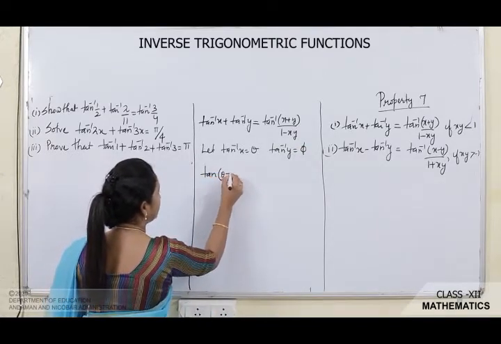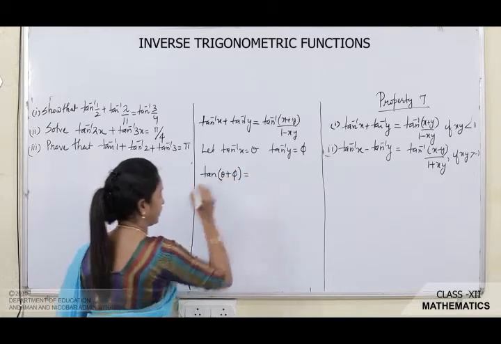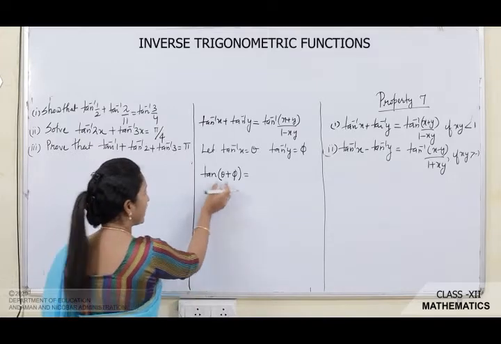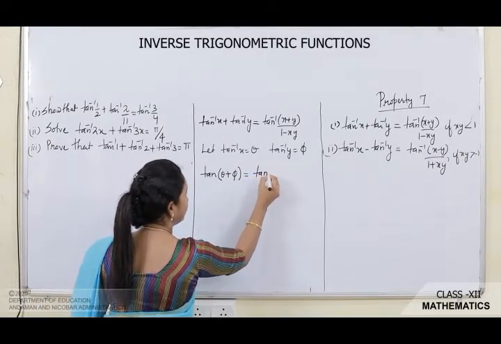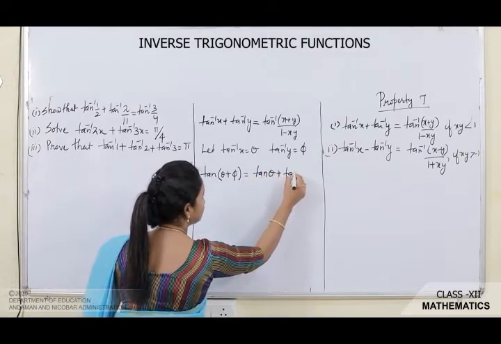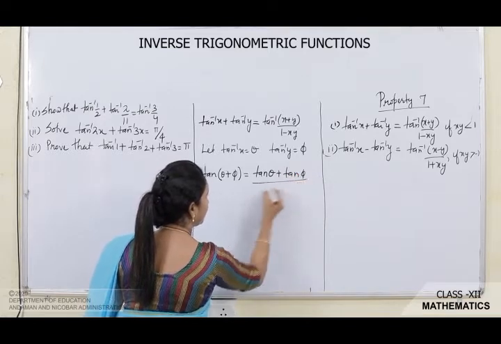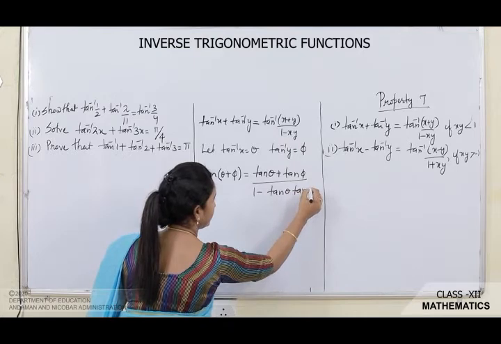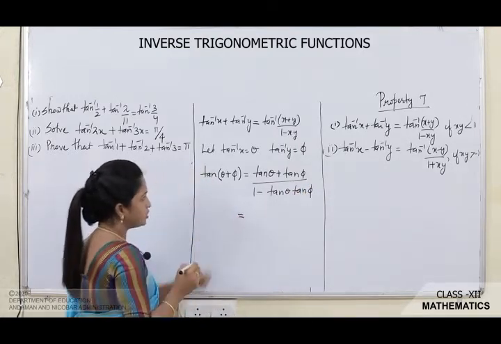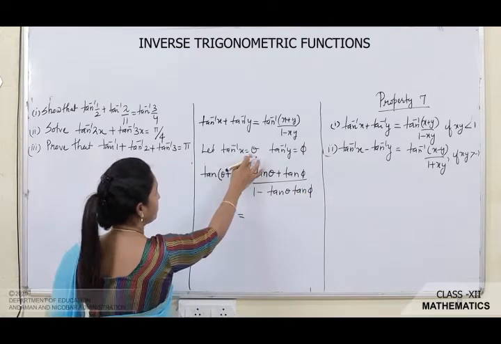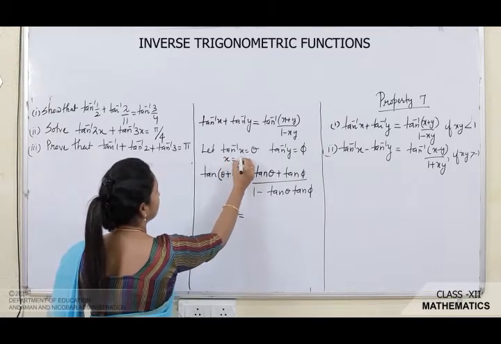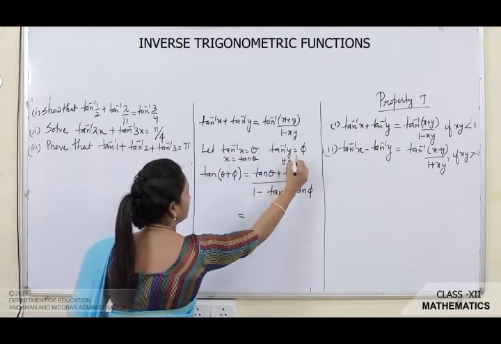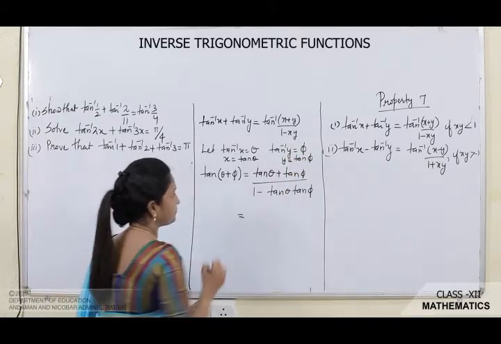Tan of theta plus phi, if we find out, you all know the formula of tan a plus b. What is that? Tan a plus b is nothing but tan a plus tan b by 1 minus tan a tan b. Correct? So from here the value of x will be tan theta, and the value of y will be tan phi.